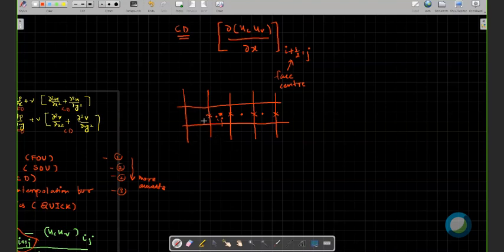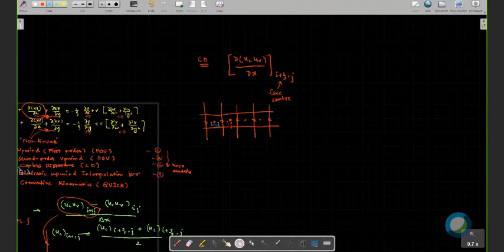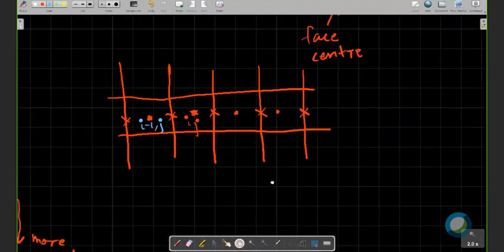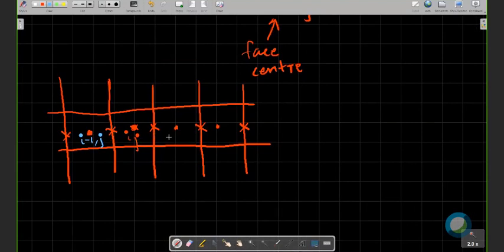This is i minus half, j, this is i minus 3 by 2, j, and this is i minus 1, j. Okay. So we are talking about x terms.